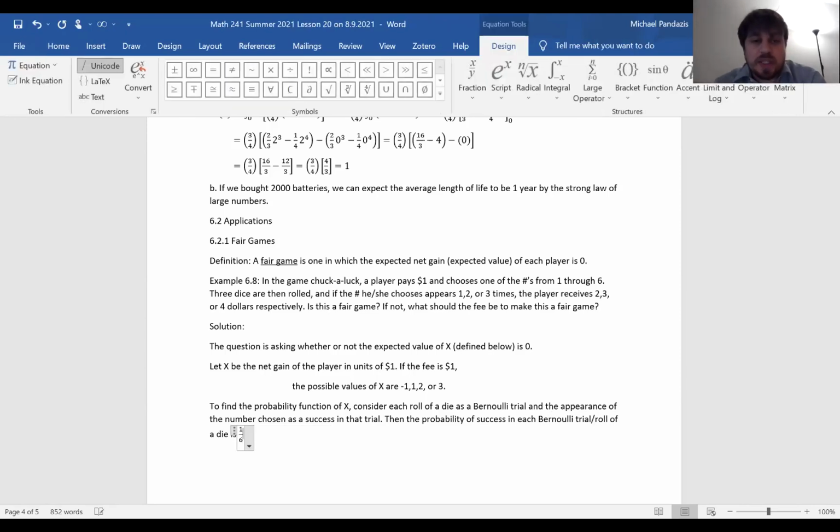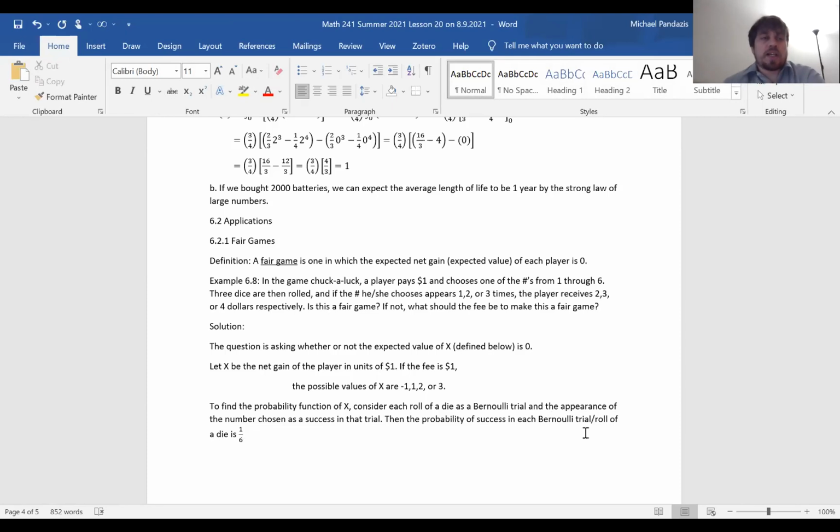Right? There's a 1/6 chance that the number you chose is the number that comes up each time you roll a die.